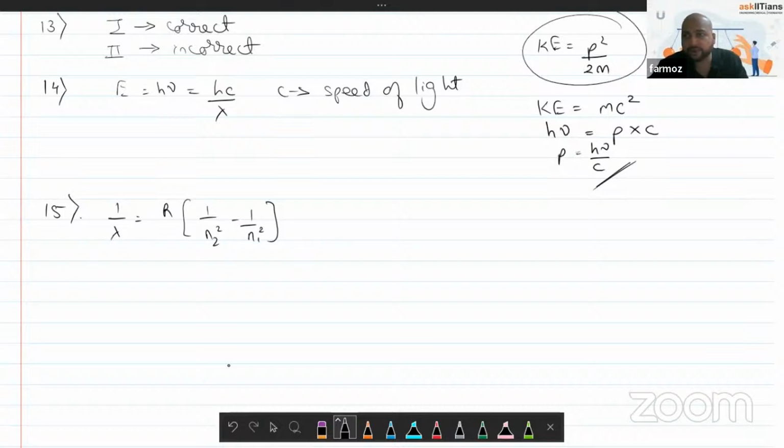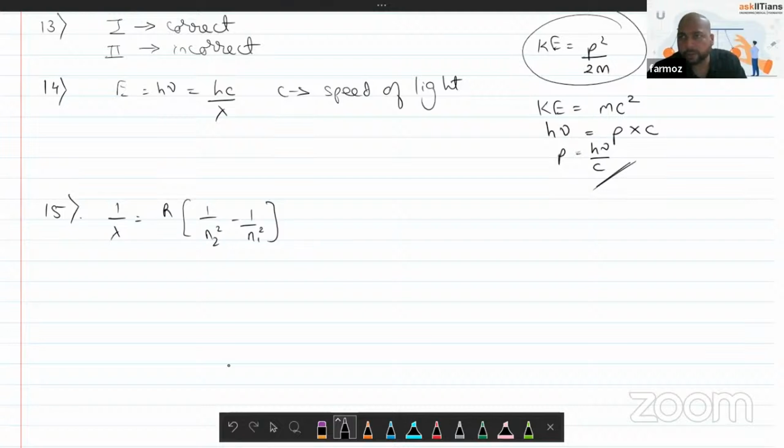So can I say that this is nothing but a Balmer series question? Yes or no? Now, moving on with the Balmer series question, there is one condition over here. If I'm talking about the Balmer series, we have the standard wavelengths. Do you remember the longest and the shortest wavelength for the Balmer series?